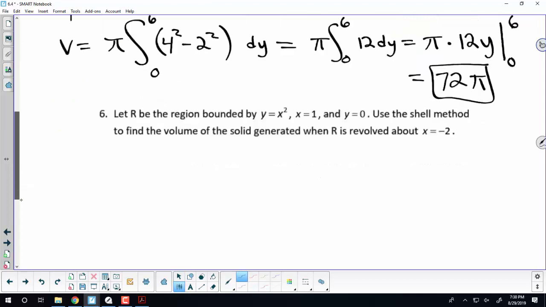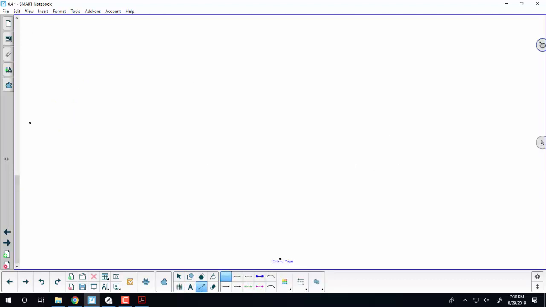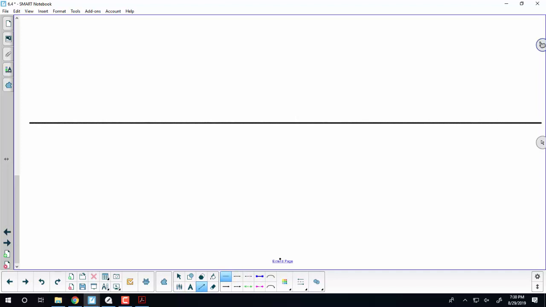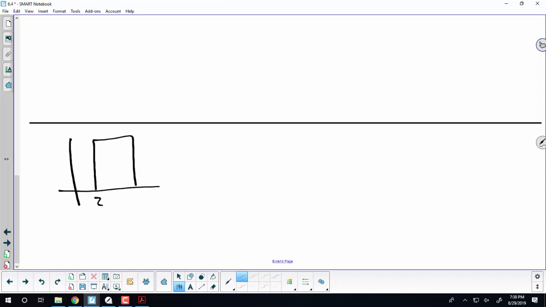What was that, number 5? Let me go down here. It's just as easy with the shell method, so I don't anticipate there's going to be issues with it. But we had this from 2 to 4, 6, rotated around the y-axis, so our shells are parallel. So the dx bounds are from 2 to 4 on the x, and then it's 2 pi times the height.